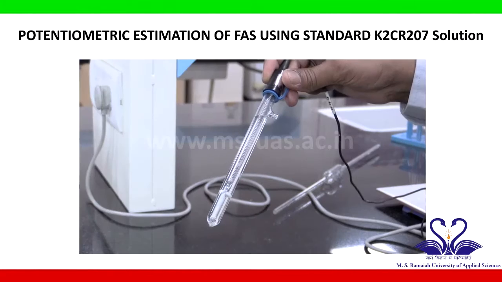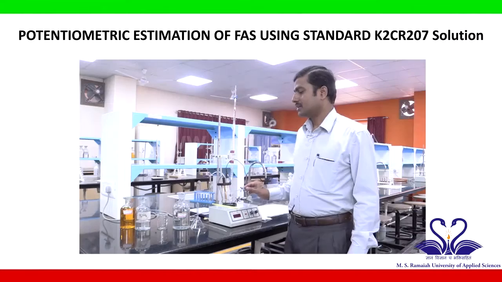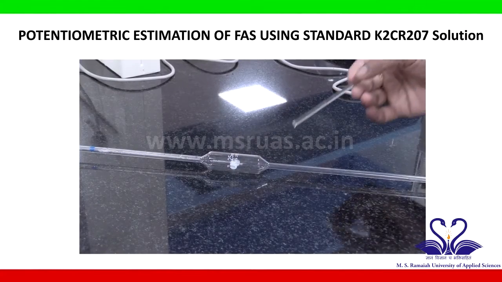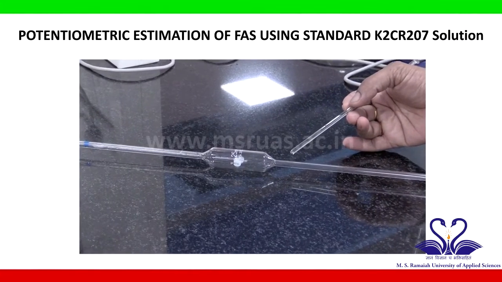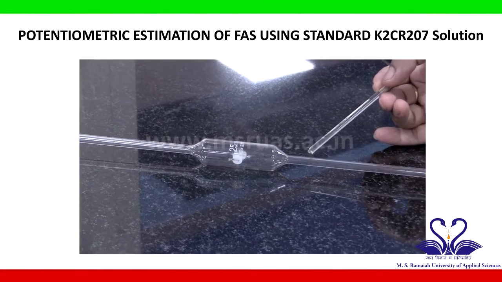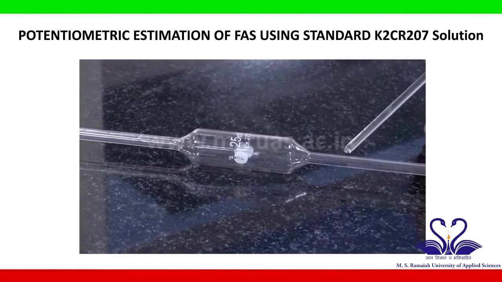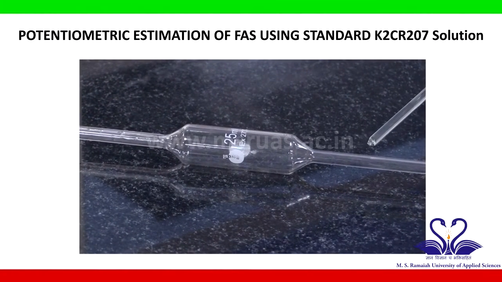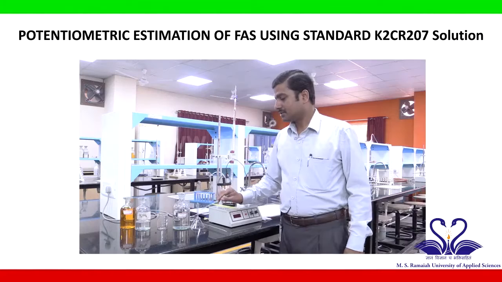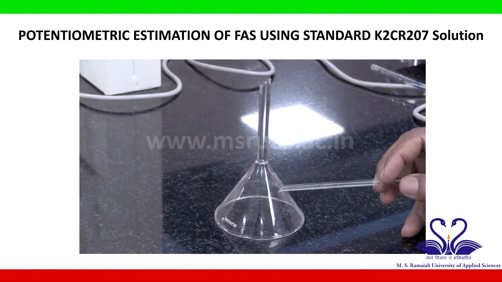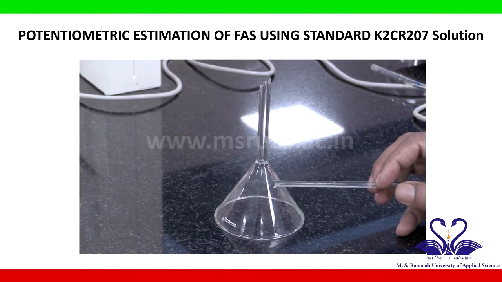A calomel electrode, which is a reference electrode. A pipette. This is a 25 ml pipette. Using this pipette we are pipetting the analyte solution and transferring it into the beaker. A funnel. This is a funnel used to transfer potassium dichromate solution into the burette.